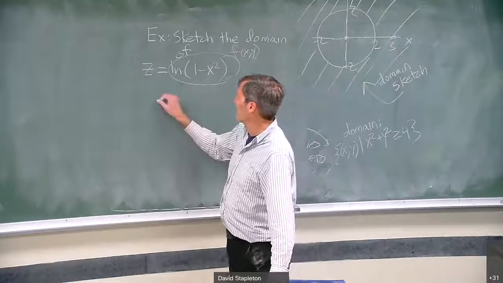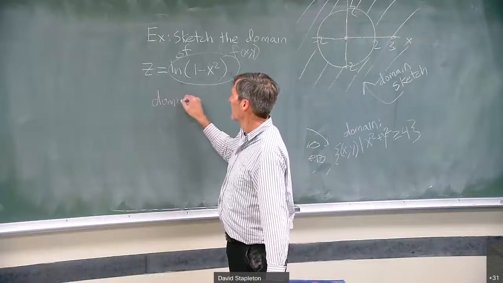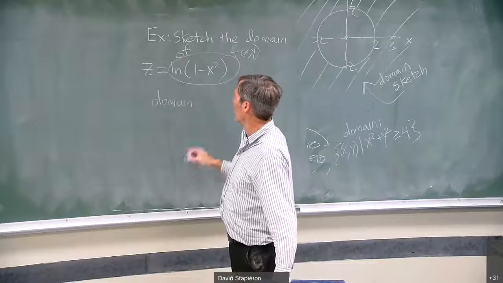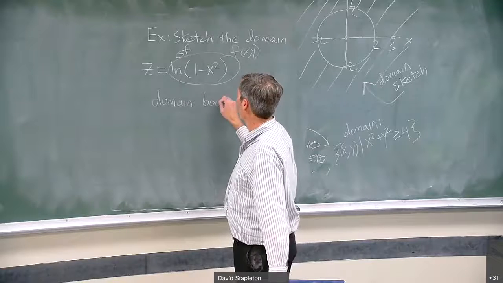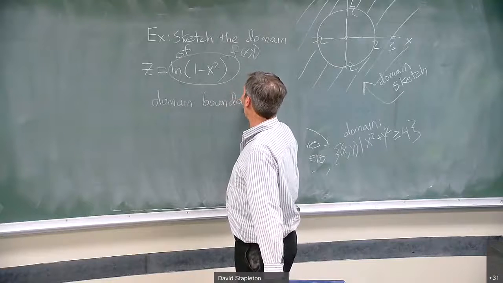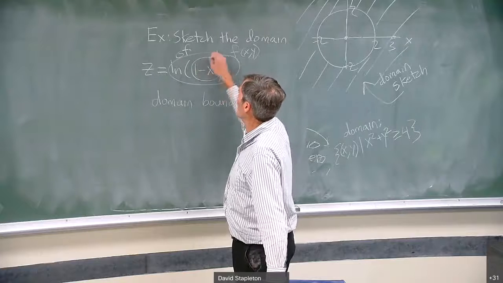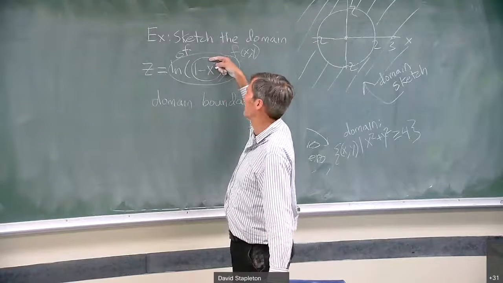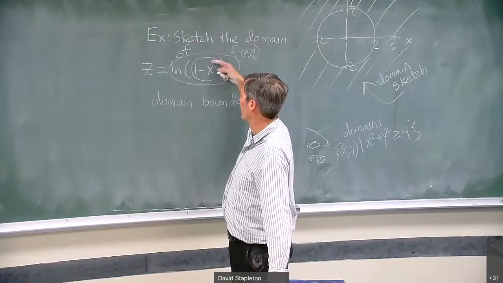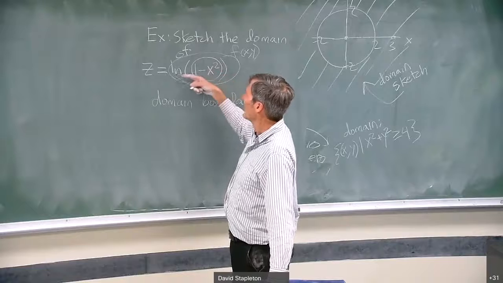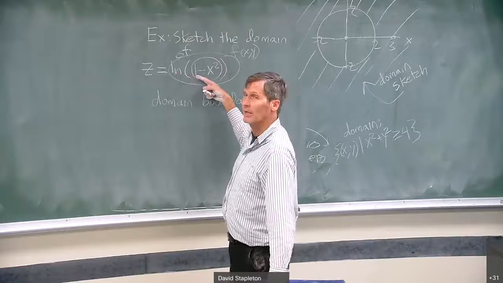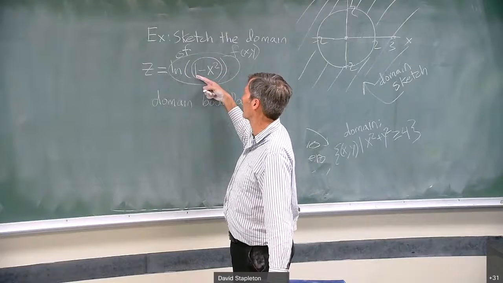The domain, you first find the boundary, right? What's the boundary? Once again, this part in here is an algebraic expression. We just have to omit even roots of negatives and divisions by 0, where there aren't any of them. But then I have the ln function. Ln is only defined for its argument greater than 0.